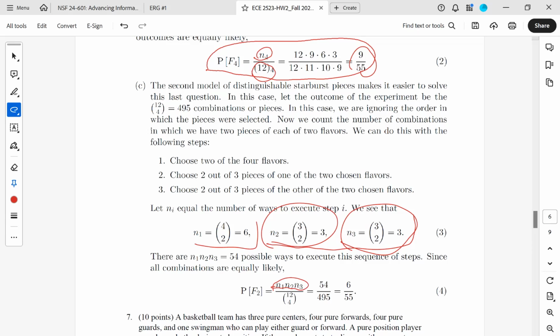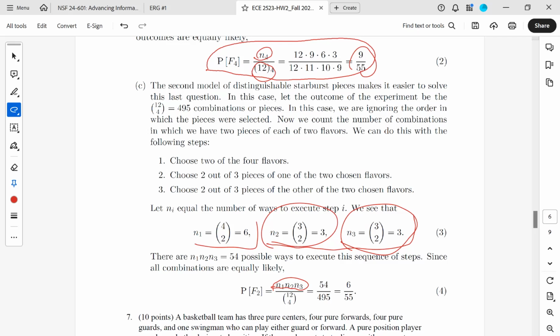All those possible ways divided by the total number of ways of picking 4 candy out of the 12 candy that we have, which is 12 factorial over 12 minus 4 factorial. Does that make sense?